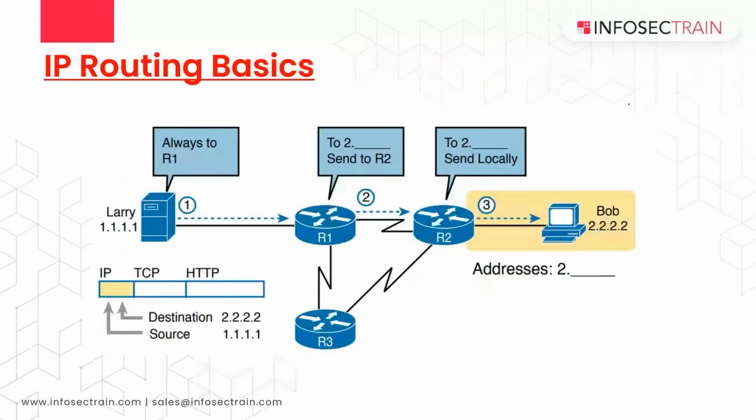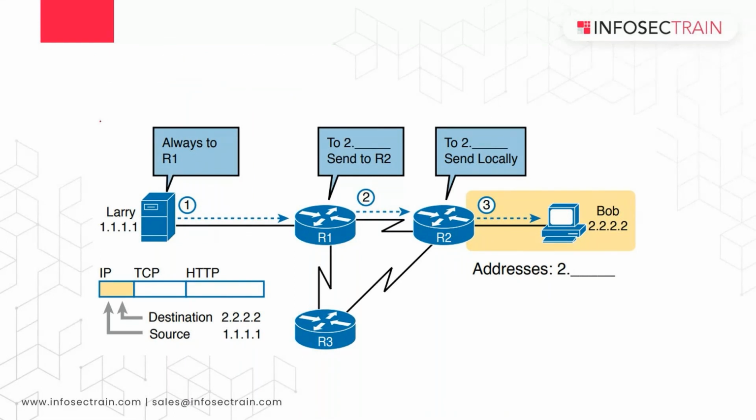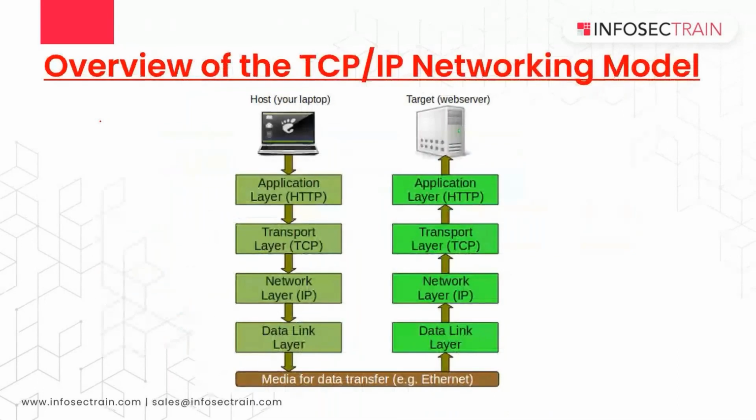Now, when we are talking about the next thing, let's say we are comparing the OSI model and the TCP/IP model. So what can we get from that? What is the main difference between the TCP/IP model and the OSI model?